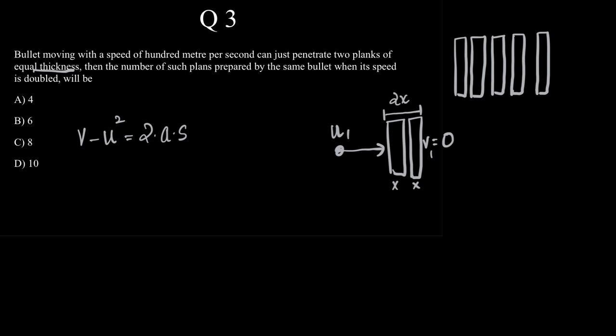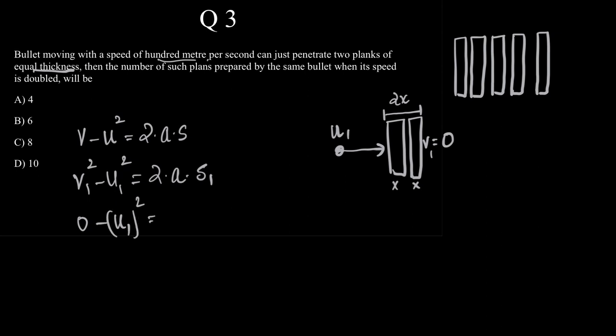So v1 square minus u1 square is equal to 2 into a into s1. v1 square is 0 as the body is at rest, and u1 is given to be 100 meters per second. As of now, I'm not going to input the value.